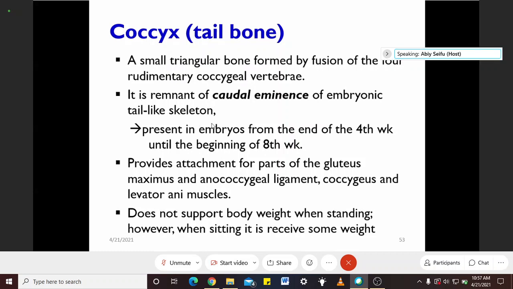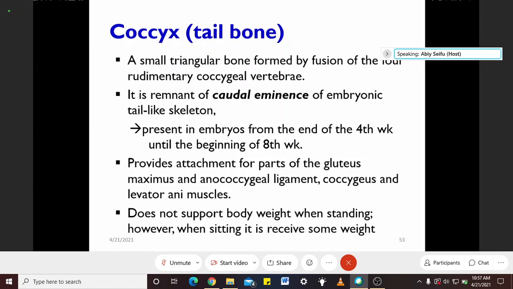This skeleton is present in the embryo from 4 up to 8 weeks. After 8 weeks most of it disappears, but there are still remnants of this embryonic skeleton, which is the coccyx, and in adults it is formed as a single triangular coccyx bone, formed by fusion of 3 up to 5 vertebrae.